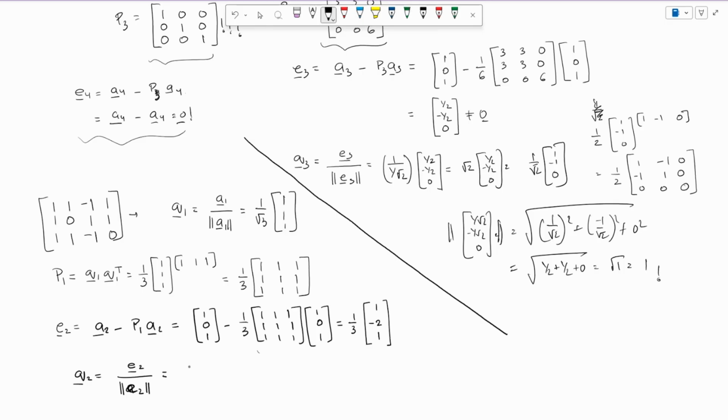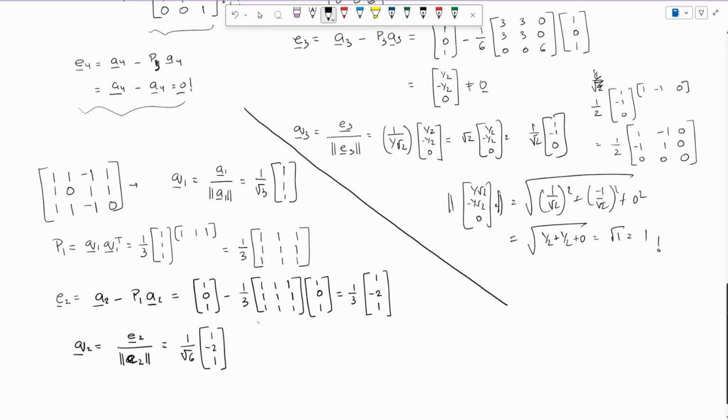Here, 1 by root 6. Is this orthogonal to Q1? Well, here you don't even have to consider the scalars. Forget the scalars. It's 1, 1, 1, which means you simply add all the elements. If you add all of the elements of Q2, you get 0. So it has to be orthogonal. Fine. That's Q2.